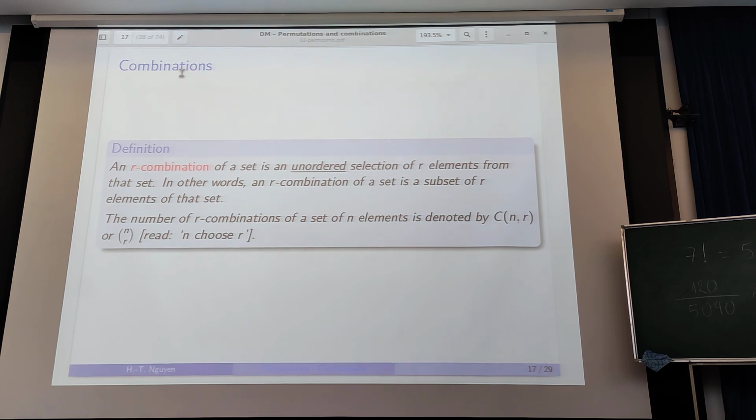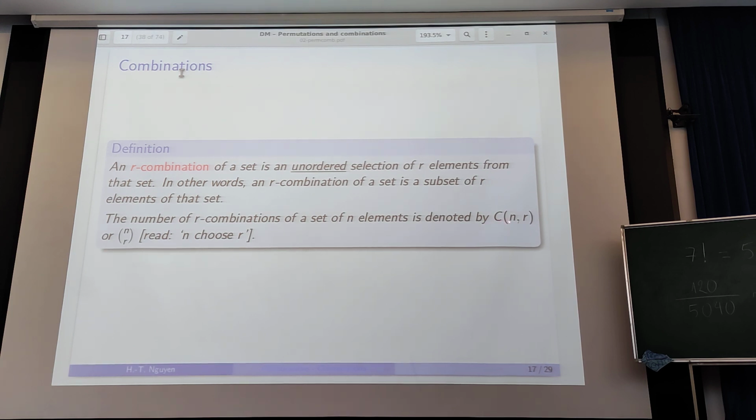So we can repeat the process that we established to count the number of teams of 3 cats. Here it's exactly the same, except that we replace the numbers 8 and 3 by the general numbers n and r, and we get the number of r-combinations, denoted by C(n, r).